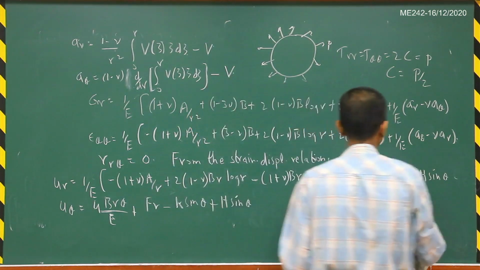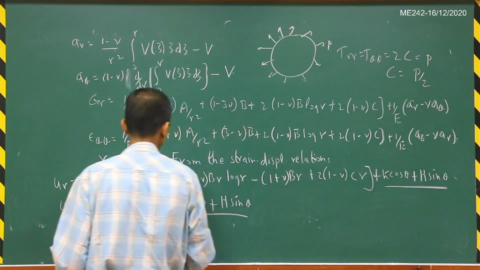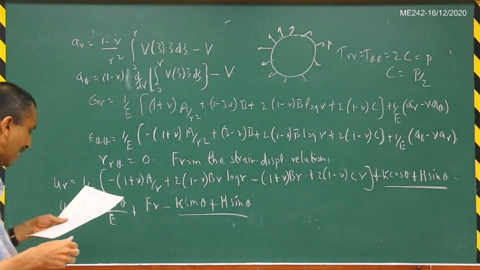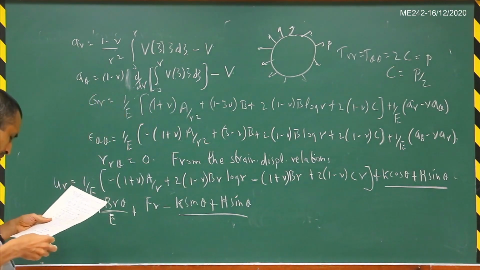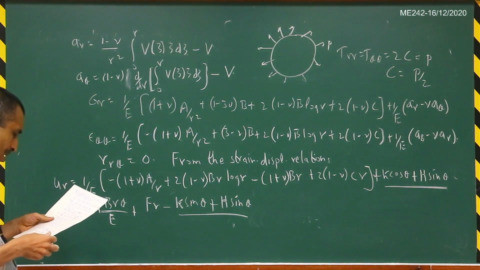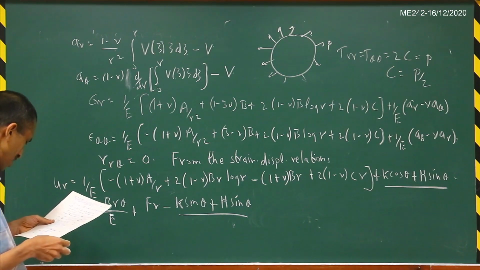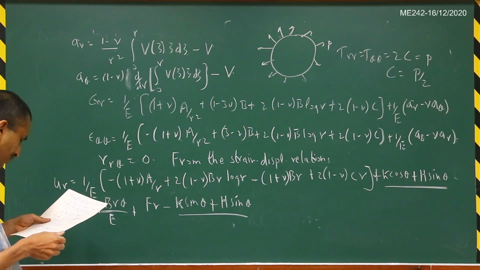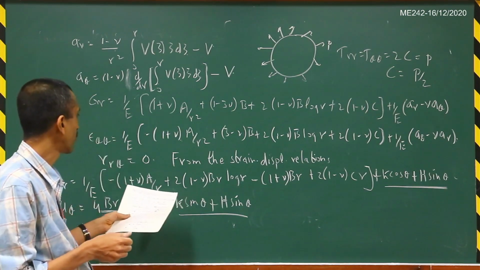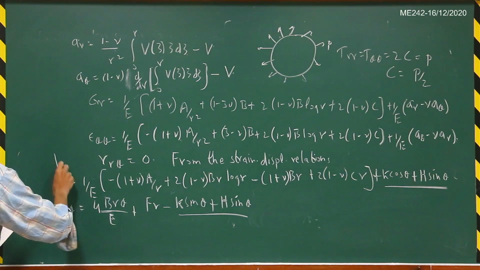So there are these additional terms that have theta in them, associated with these constants K and H. These are the expressions for the displacements in the plane stress case.